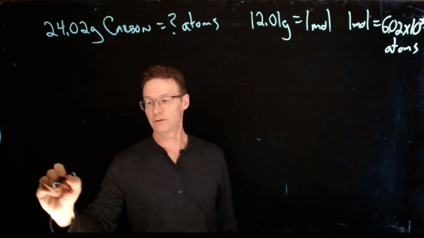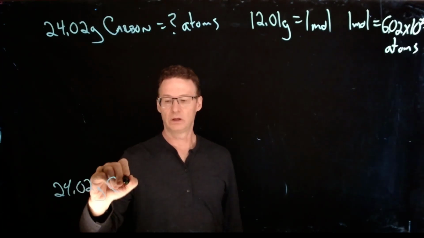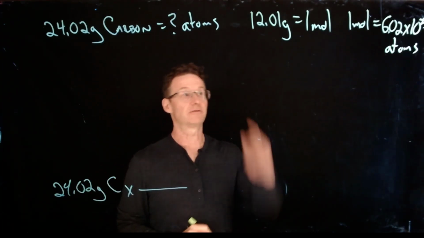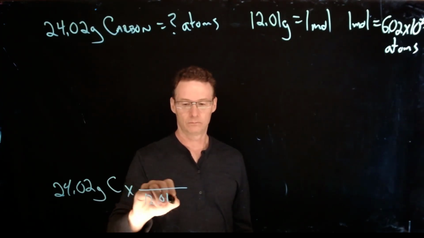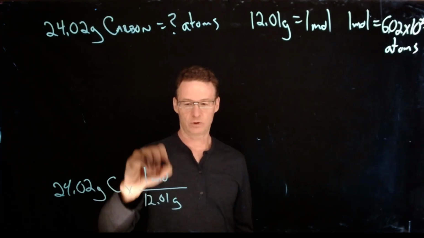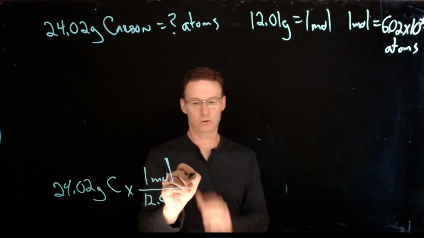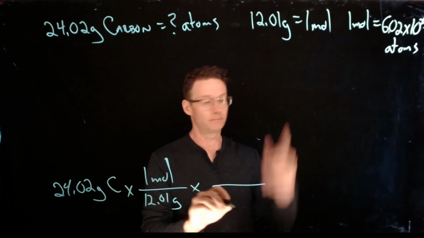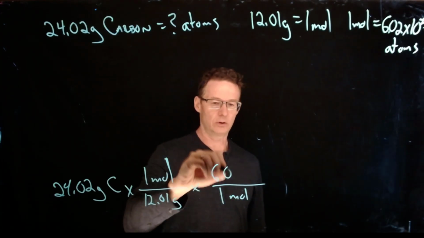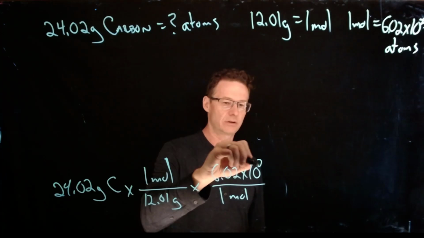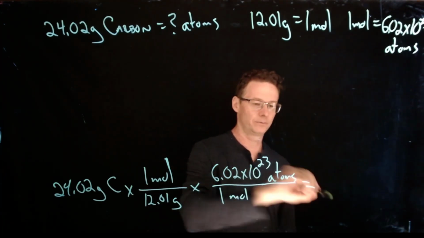So we're going to start with 24.02 grams of carbon multiplied by our first conversion factor. We're going to convert grams into moles. 12.01 grams of carbon equals 1 mole of carbon. That's going to convert grams into moles. And then our second step, 1 mole of carbon is 6.02 times 10 to the 23rd atoms of carbon.